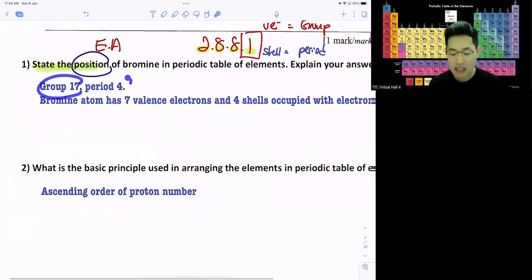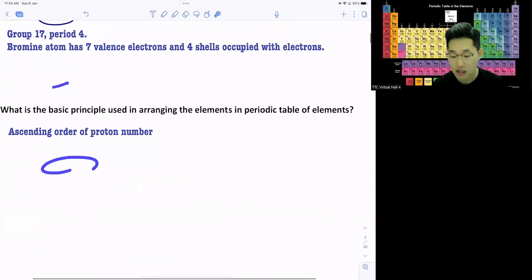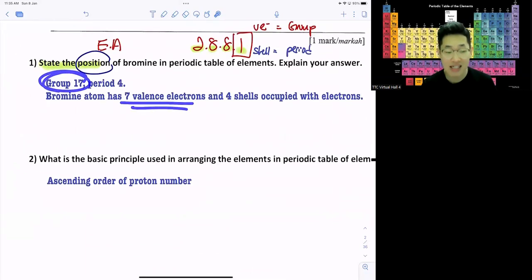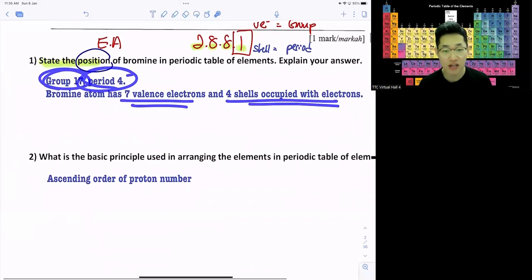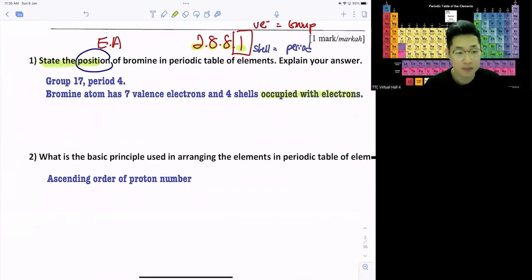And then when you explain it, remember I said just now our group is valence electron, so it is in group 17 because it has 7 valence electron. Period 4, 4 shells occupied with electron. Must write occupied with electron.